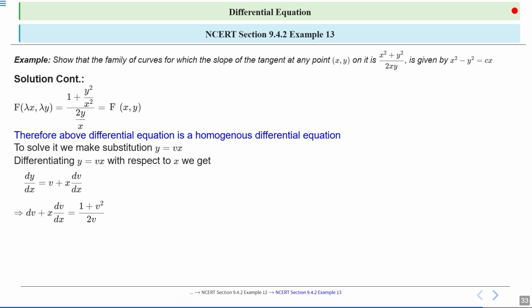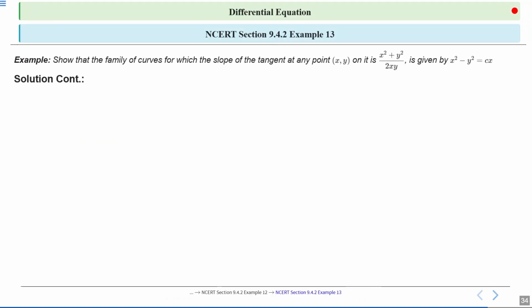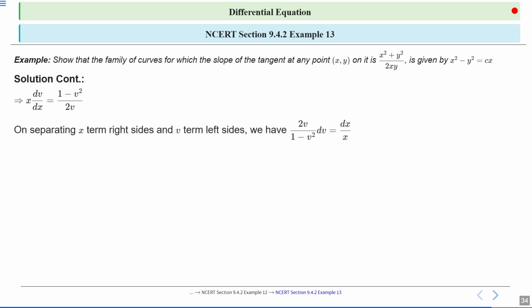So we get v plus x dv by dx is equal to 1 plus v square by 2v. So x dv by dx is equal to 1 minus v square by 2v. So on separating x terms on the right side and v terms on the left side, we have 2v by 1 minus v square dv is equal to dx by x.